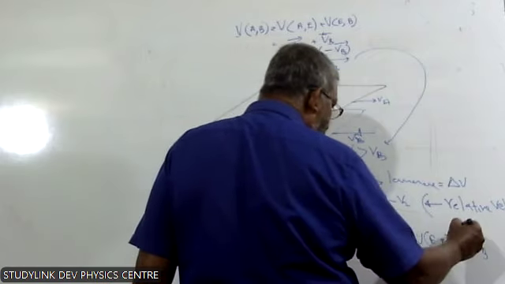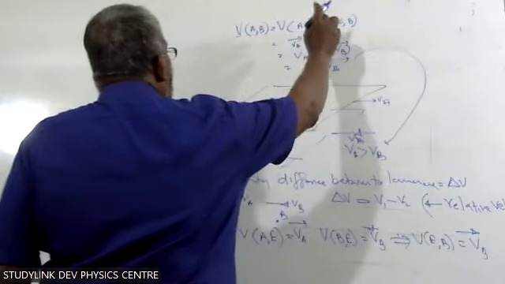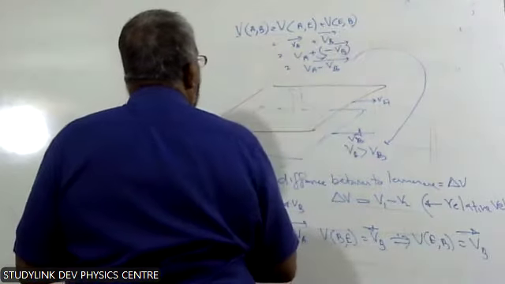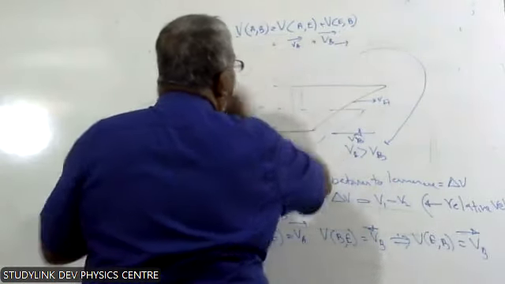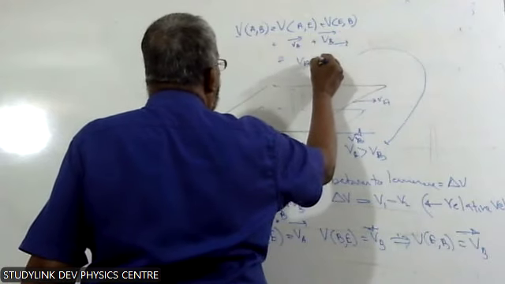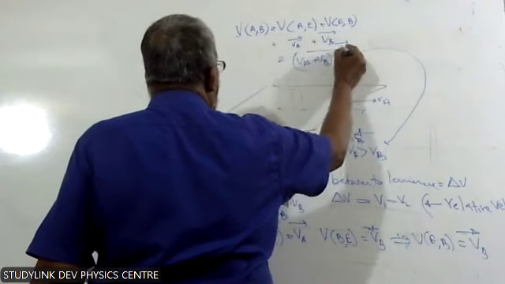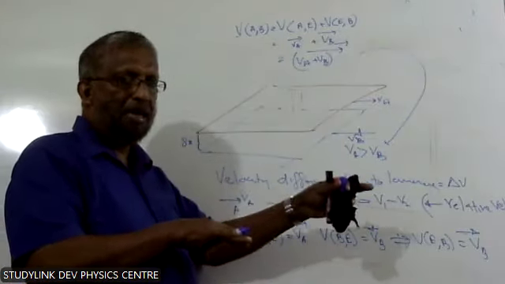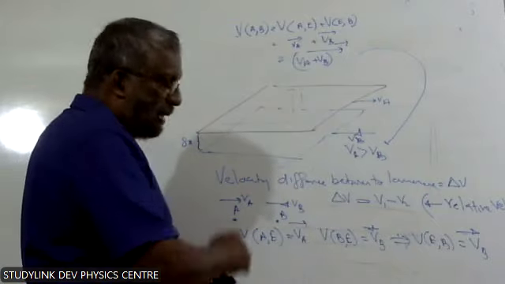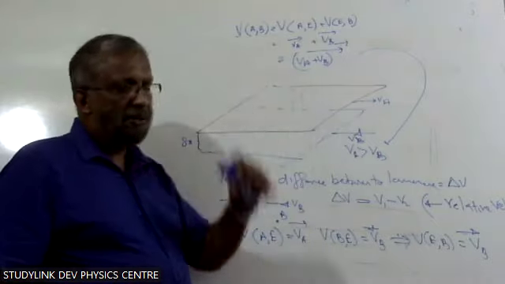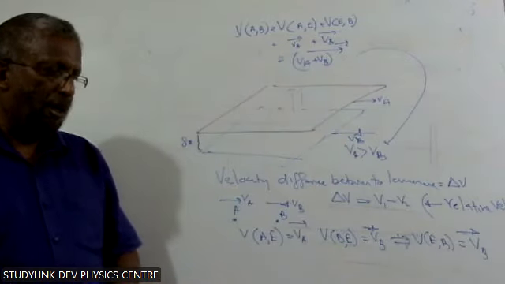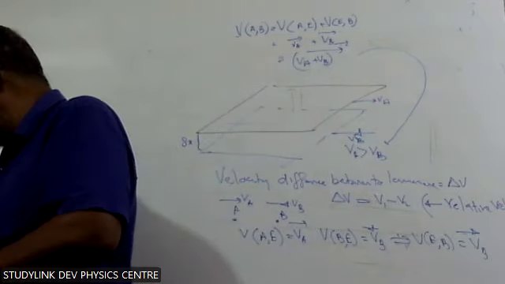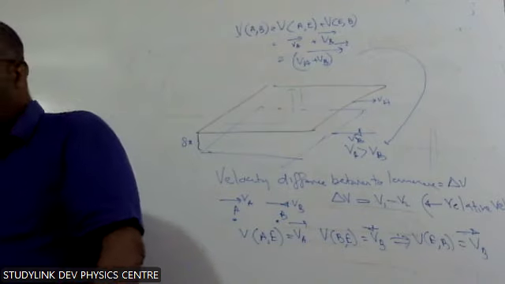Then EB is in the same direction. Then you are getting VA plus VB. In other words, V1 plus V2. The same way, if they are moving in the opposite direction, you may have a problem, students, how it happens. I'll explain. When the two layers are moving in the opposite direction, then the relative velocity is VA plus VB.